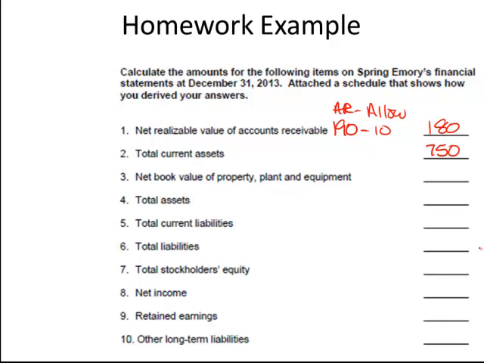Net book value was the cost of the assets of property, plant, and equipment, $395, minus accumulated depreciation of $125, gives us the net value of $270. Total assets, totaling up the four types, was $1625. Current liabilities, totaling those up, came to $552.